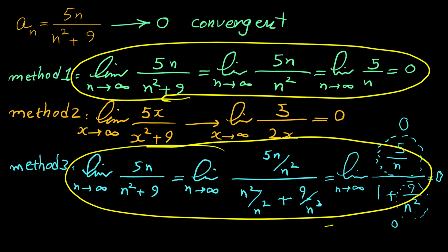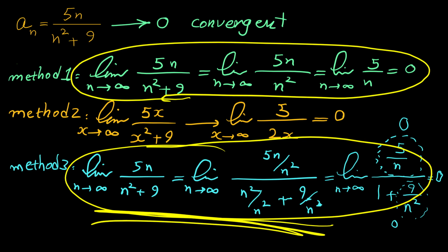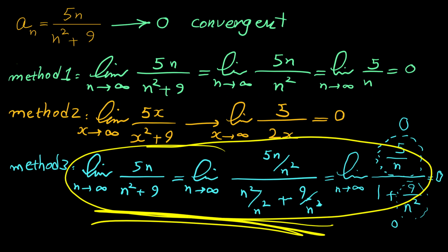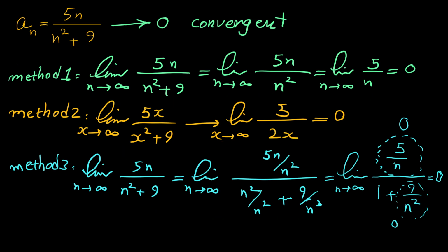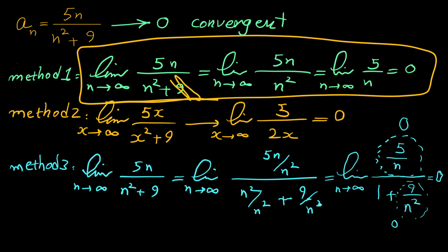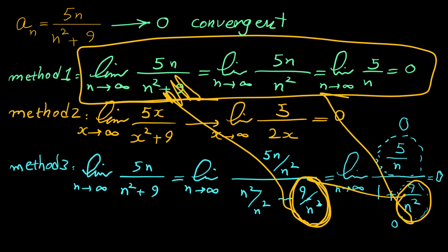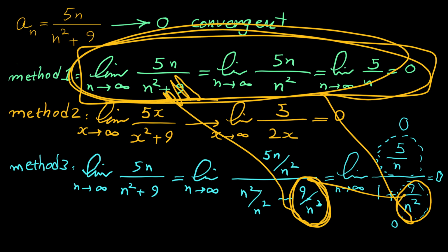But attention, in this method you don't show your work, and this is not really a mathematical way. It works, you can get the answer, but maybe this is not a completely mathematical method. In this method, we say just keep the dominant terms and ignore this term. And as you can see here, at the end we also ignore this because it becomes 0. But here we do it in a faster way.